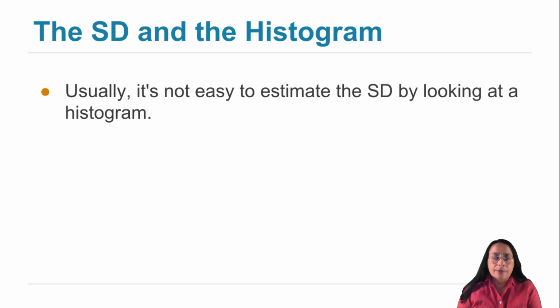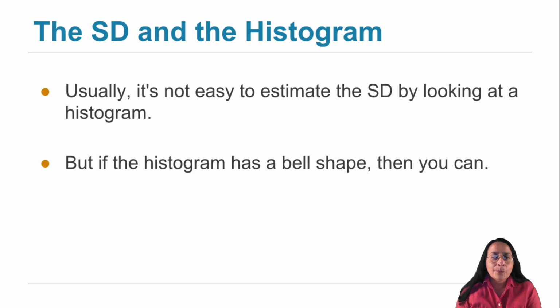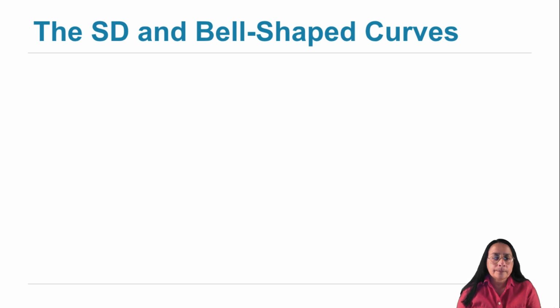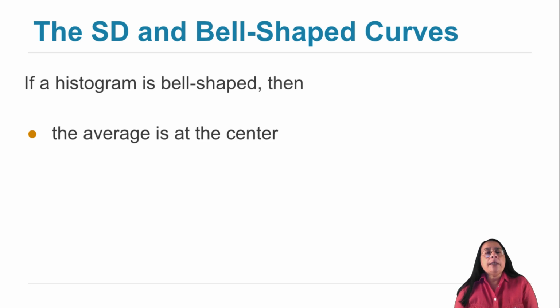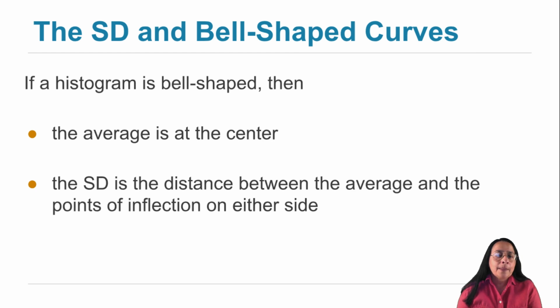With bell-shaped curves, however, you can see the average. That's the center of the curve as the point of symmetry, and you can also see the SD. How? If a histogram is bell-shaped, then of course the average is at the center. It's unambiguous what the center is.